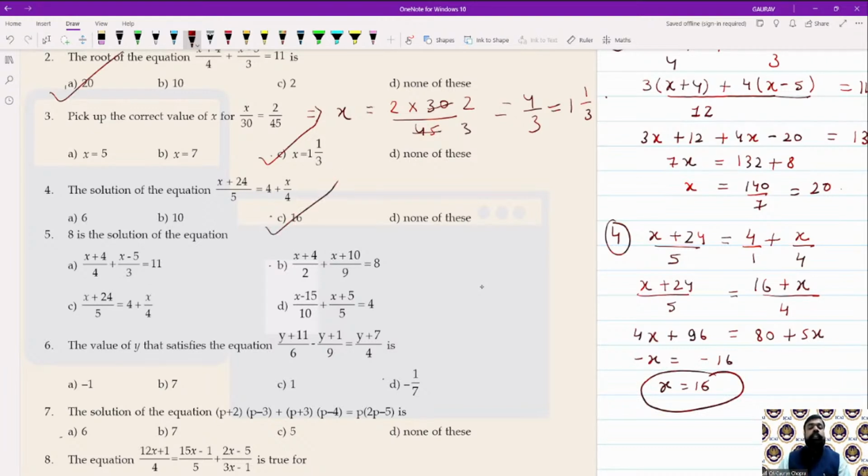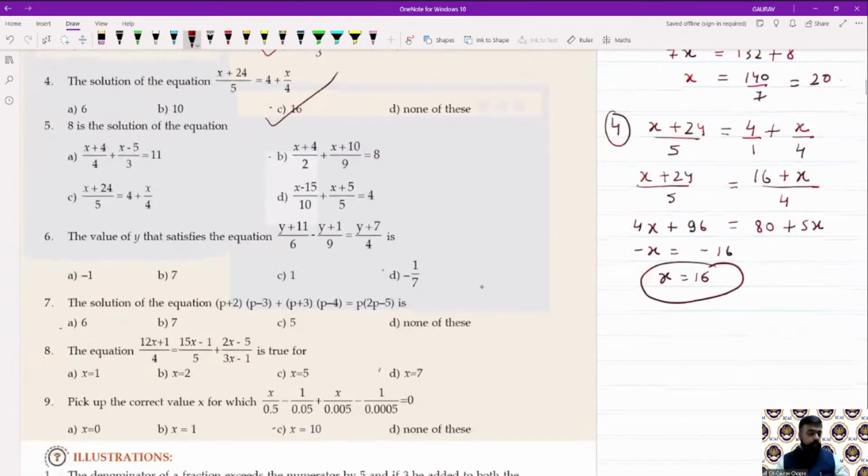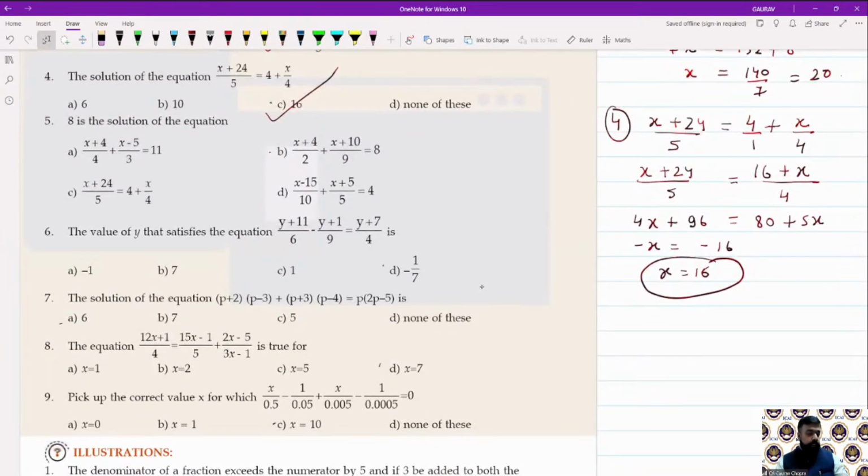Option number C. So correct answer is 16.